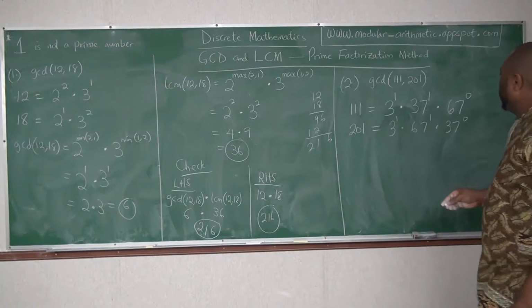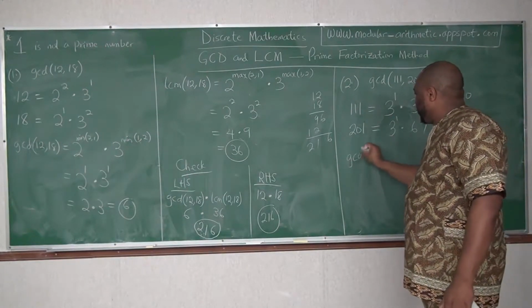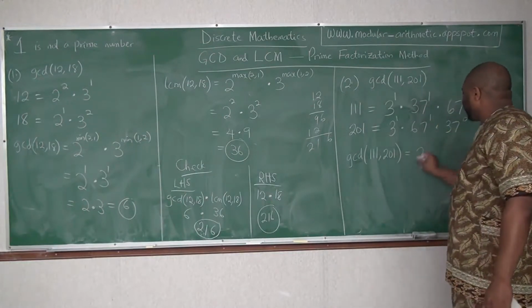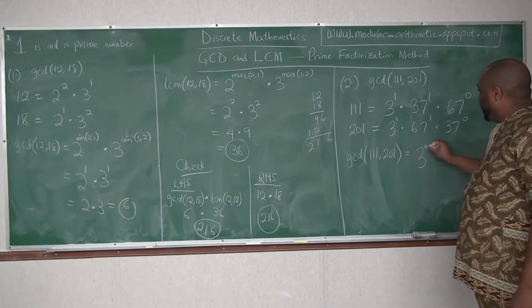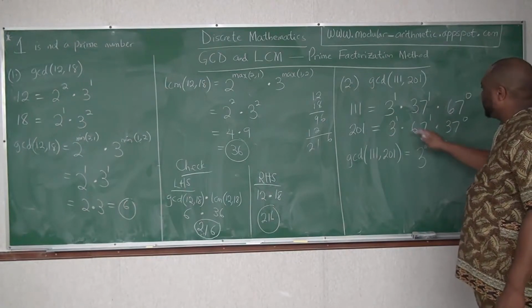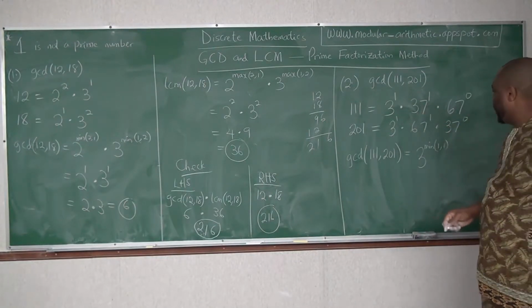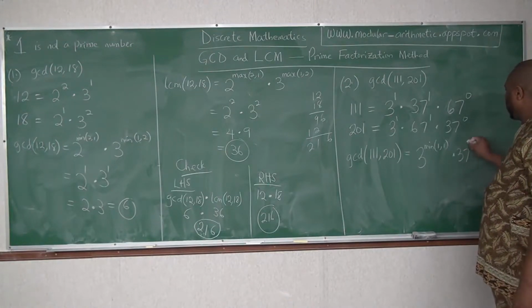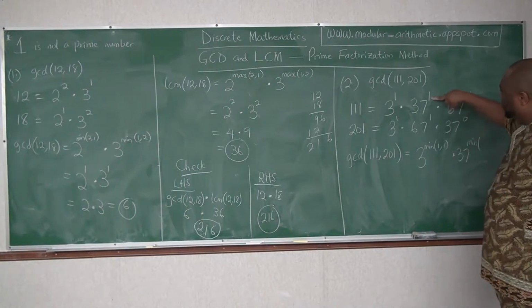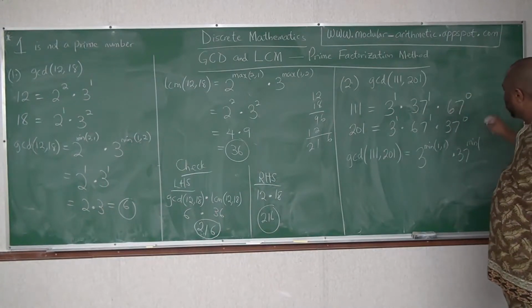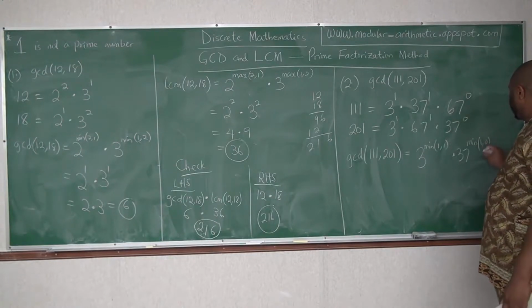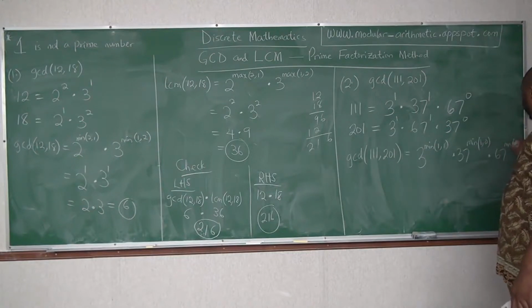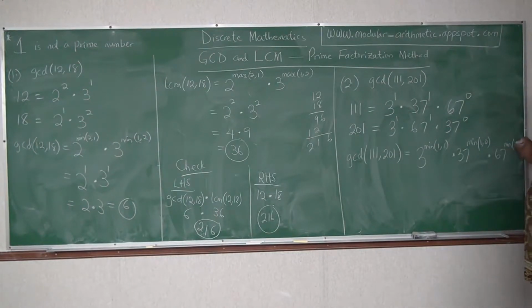Okay? So we now say that the GCD of 111 and 201 would be 3 exponent minimum of 1 and 1, times 37 exponent minimum of 1 and 0, times 67 exponent minimum of 0 and 1.